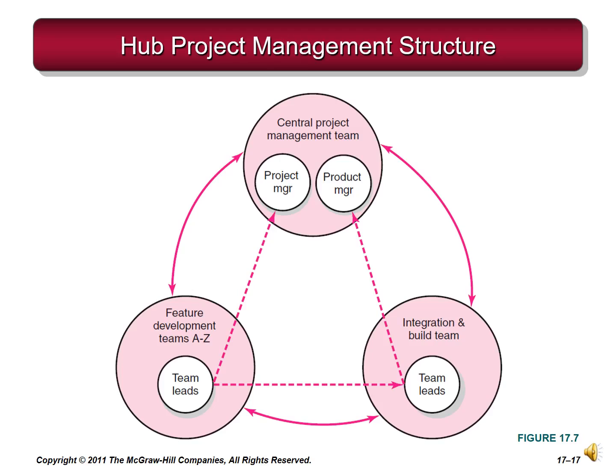To coordinate the multi-team structure, a central project team is created, consisting of a higher-level project manager, a project manager who represents the interests of the customer, and the leads or project managers from the feature development teams.